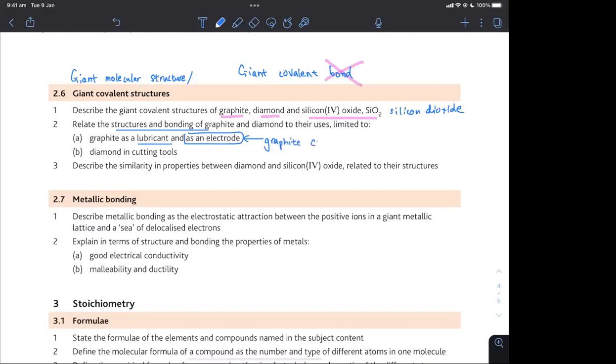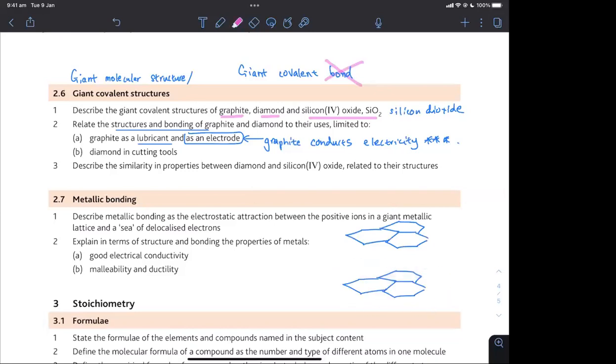I haven't asked you anything in the work on this, but I also remember that in the notes, there was a mention of why graphite can conduct electricity. Because when you look at graphite, you are just using 3 out of 4 electrons. If you look at this carbon there, of course it's continuous, left, right, like that.